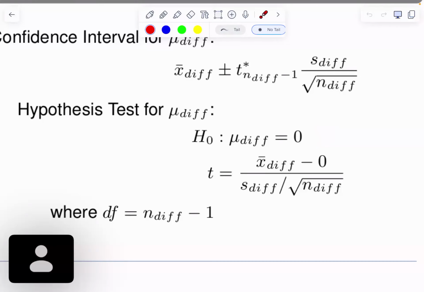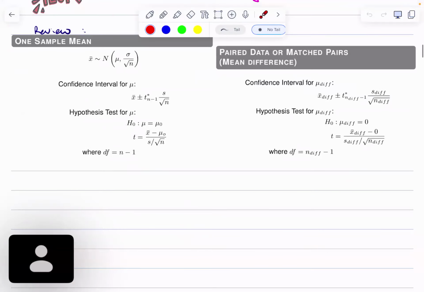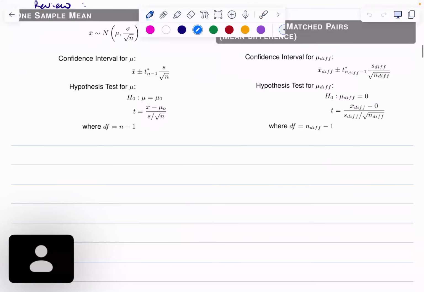If they're not the same, the difference would not be 0. Right? So it's kind of a special case of the one sample mean. And again, the degrees of freedom is the n diff minus 1, so the number of differences that you have minus 1. So they are the same.